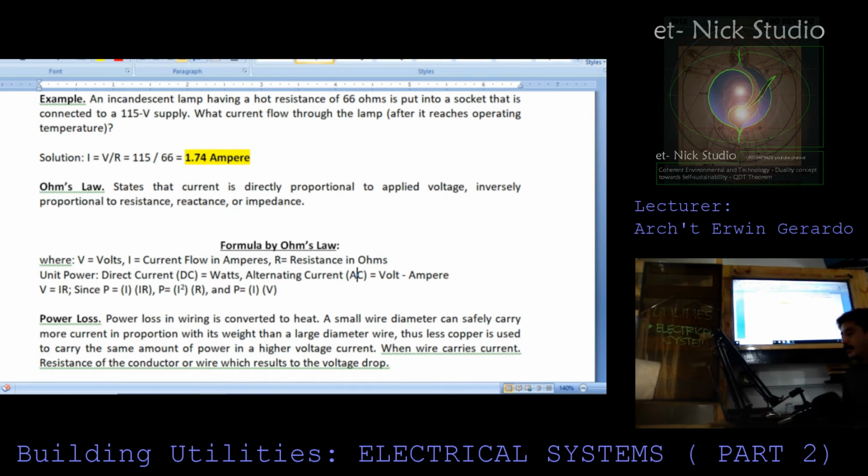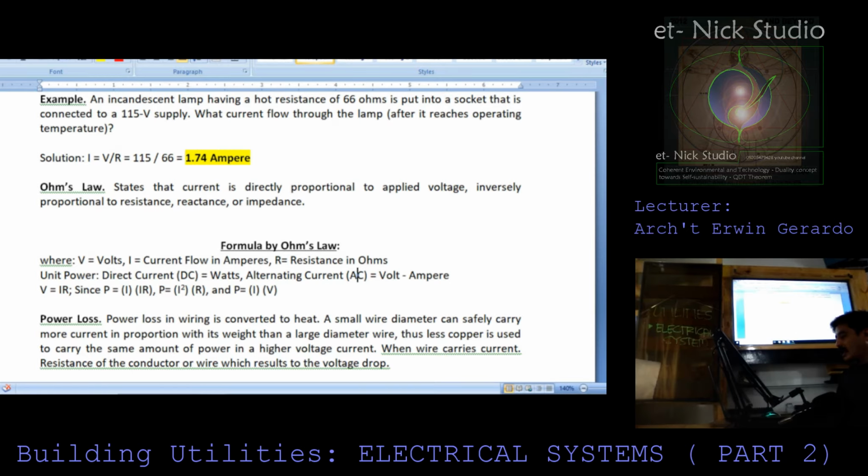Power loss in wiring is converted to heat. A small wire diameter can safely carry more current in proportion with its weight than a large diameter wire. Thus, less copper is used to carry the same amount of power in a higher voltage circuit.